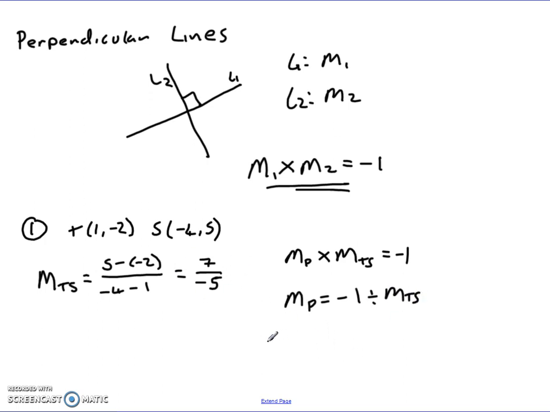We know the gradient of TS is -7 over 5, so our perpendicular gradient is equal to -1 divided by -7 over 5, which is the same as saying -1 times -5 over 7. From this, the gradient of our perpendicular line, MP, is equal to 5 over 7. That's how we can use this property to calculate a perpendicular gradient of a line.